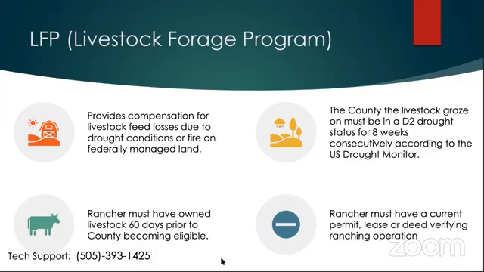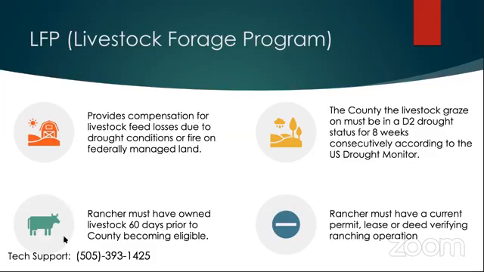To be eligible, the county, and it's any part of the county, has to be in a D2 drought status for 8 consecutive weeks. The other hangup is the rancher must have a current permit, lease, or deed, or property taxes verifying the ownership and their risk on that property.